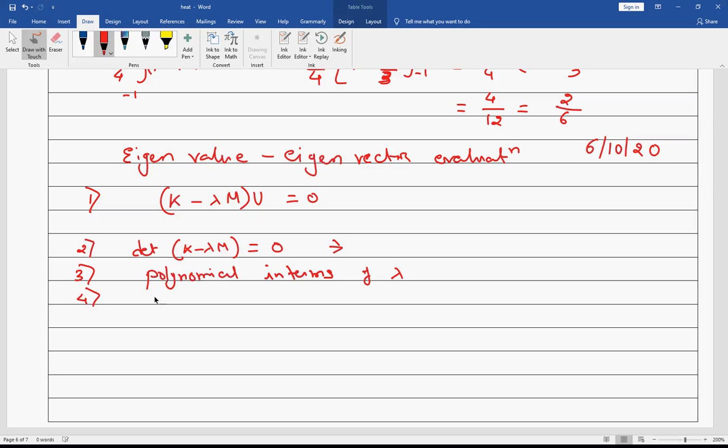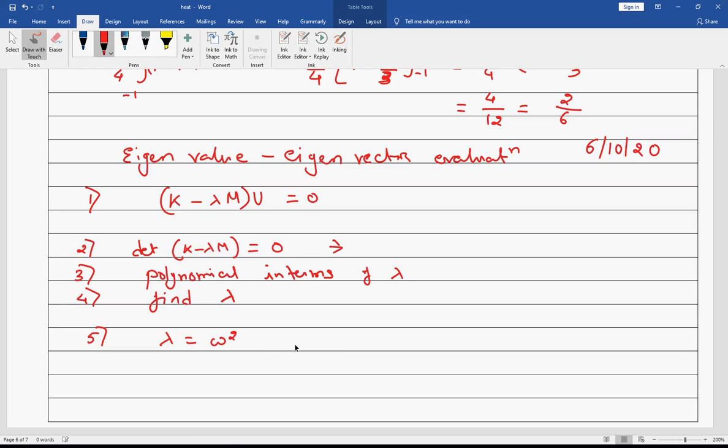A polynomial has roots, so you will find lambda.